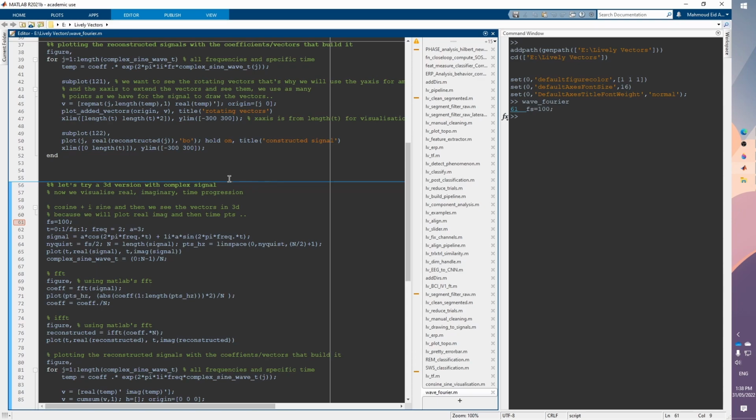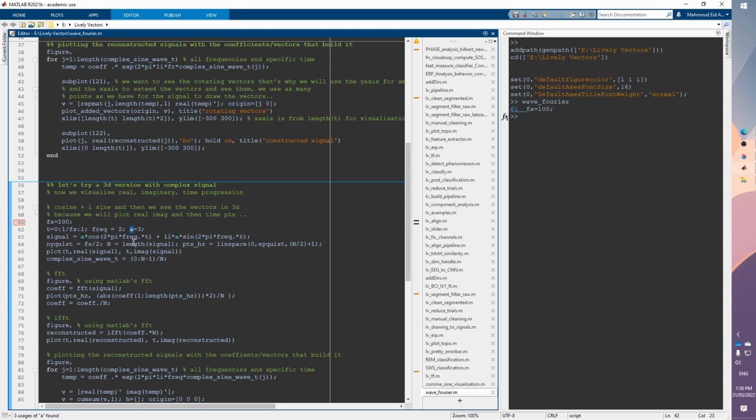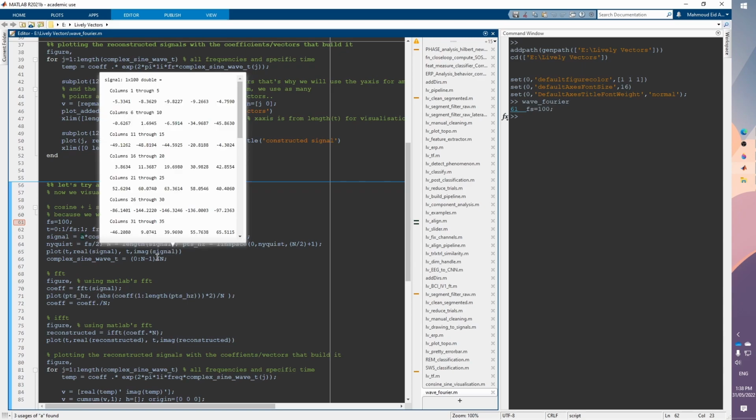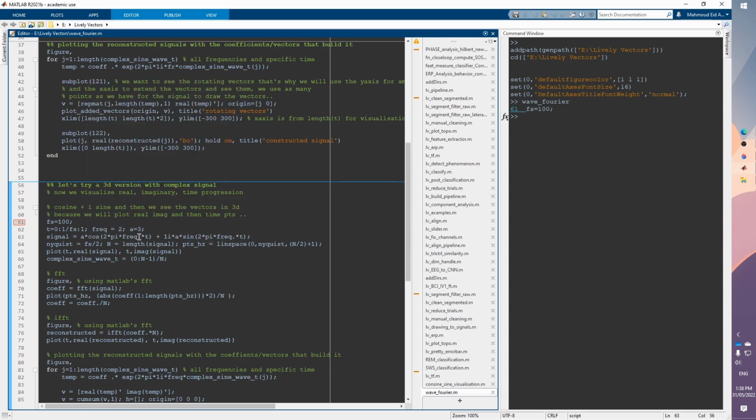Okay. So again, we have our sampling rate of 100, changing the time, and we have frequency, and then we have the amplitude of our signal, and in here I'm just creating the signal, a cosine 2 pi ft plus i sine, and using this we will be able to see the real part of the signal and the imaginary part of the signal if we would like, and I will try to do this right now.